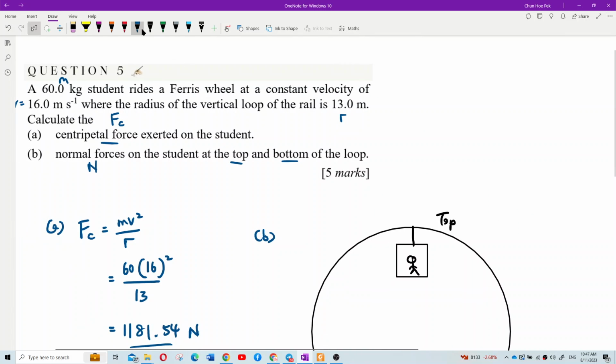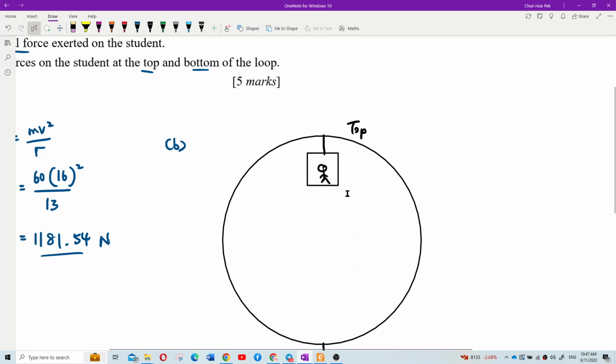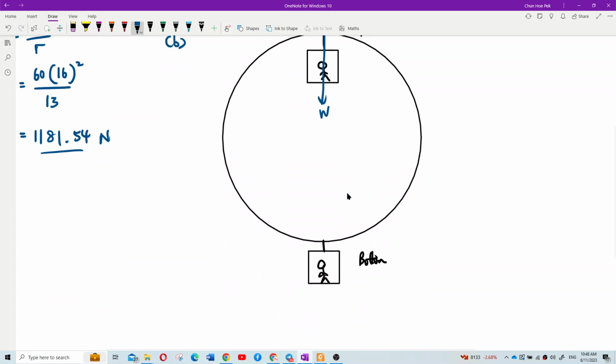So, let's draw the forces involved. You have this normal force, you have the weight, right? Here we have the normal force, and here also we have the weight. Okay, so the center of the circle is here.